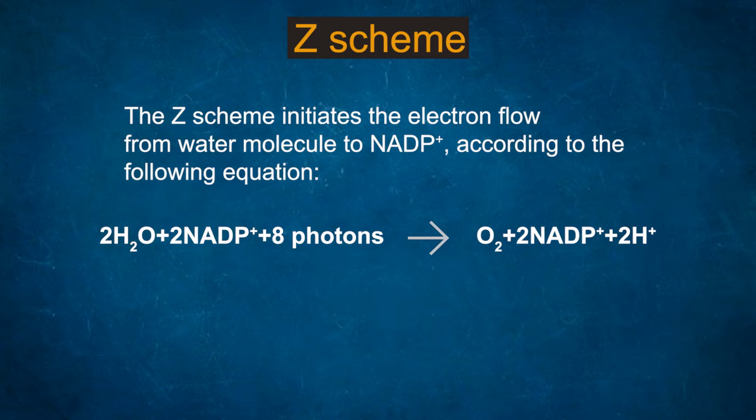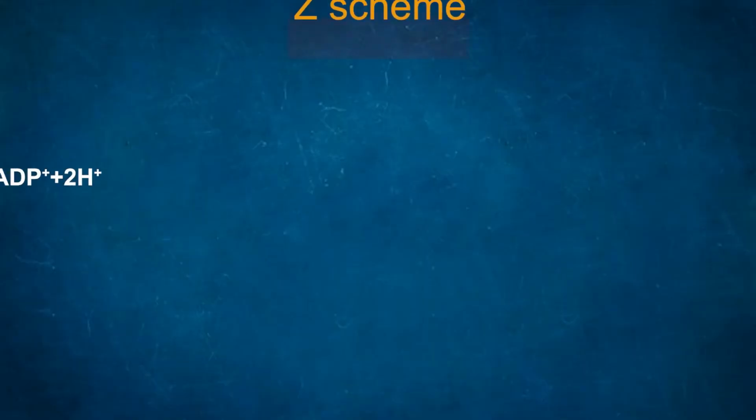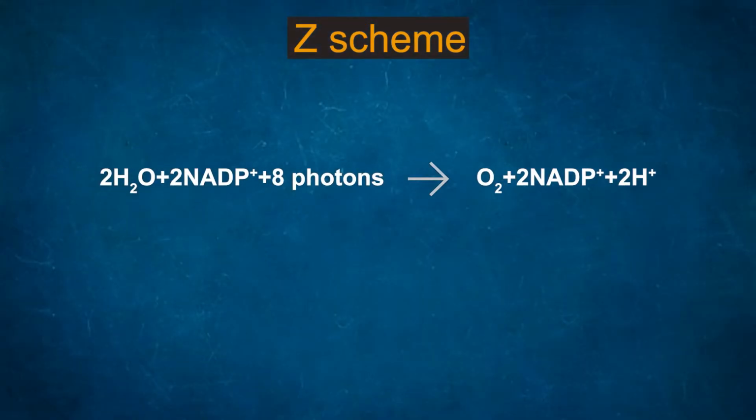So there are 8 photons, 4 photons absorbed by each photosystem: 4 photons absorbed by photosystem 1 and 4 photons absorbed by photosystem 2. So the reaction is 2 H2O plus 2 NADP+ plus 8 photons giving you 1 molecule of oxygen plus 2 NADPH plus 2 H+. This is the net reaction of the Z scheme.